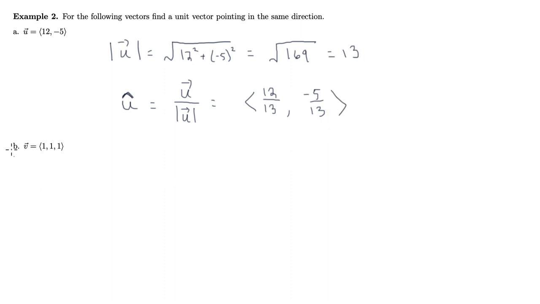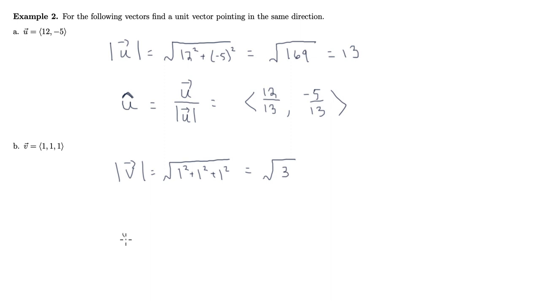All right, and then we can do the same thing for this vector v. So we'll start by finding the length of v, which is just the square root of 1 squared plus 1 squared plus 1 squared, which is the square root of 3.